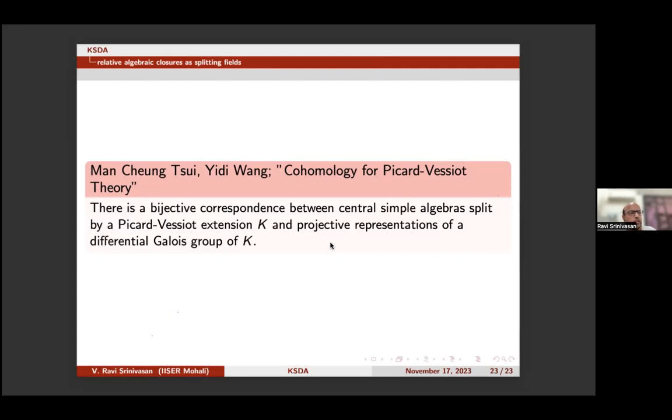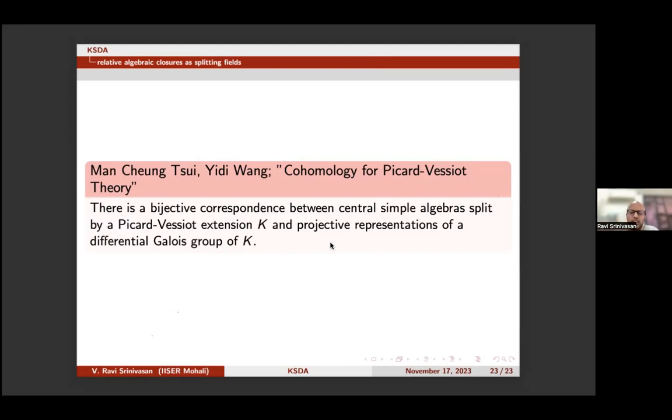And then there is a projective representation, and corresponding to that, there is a central simple algebra. Projective representations classify central simple algebras.